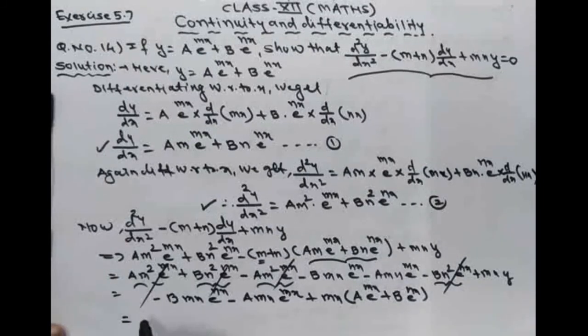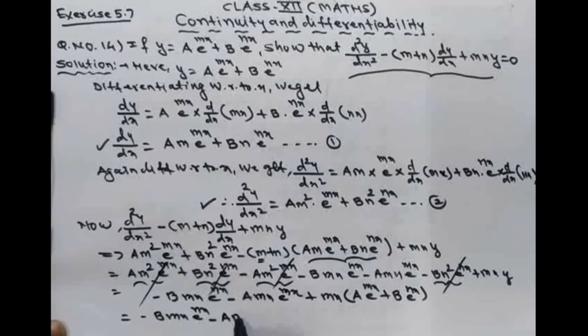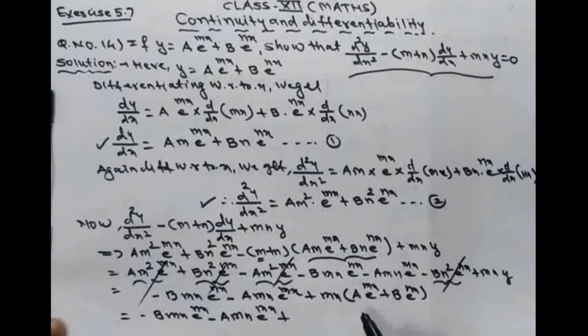So this is minus b m n e^(nx) minus a m n e^(mx) plus, you multiply with this m n, so this is a m n e^(mx) plus b m n e^(nx).